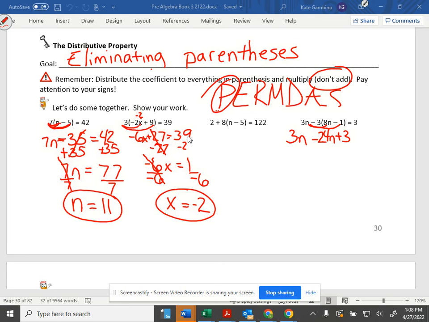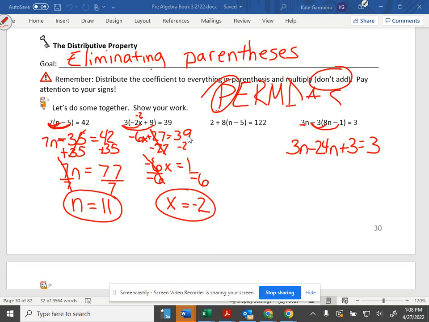So keep everything in the same order. So we've got 3n, because we started with our 3n, then -3 times 8n is -24n. -3 times -1 is +3 equals 3.